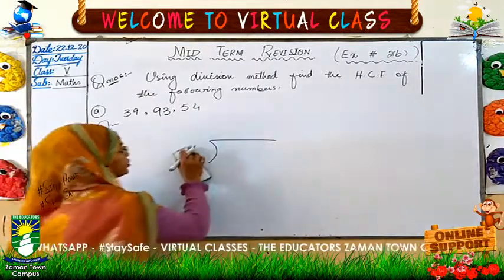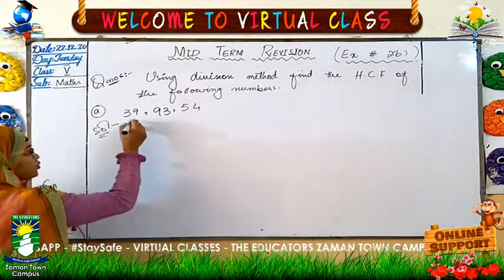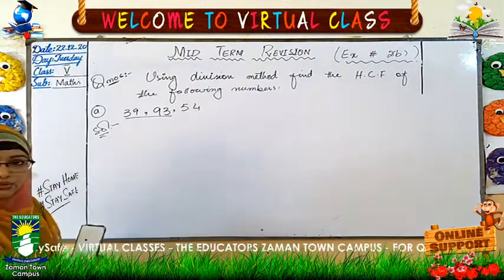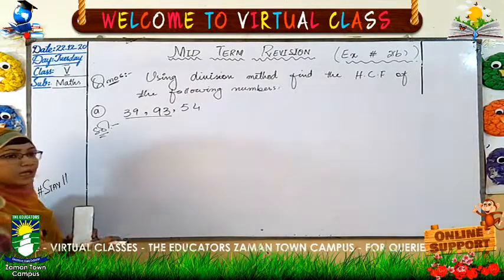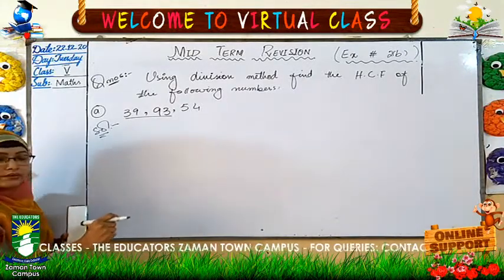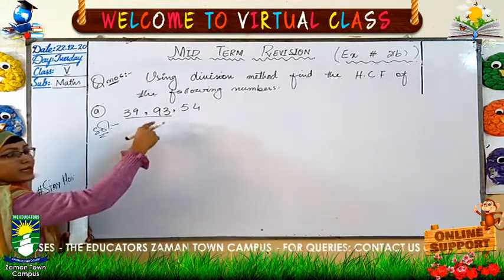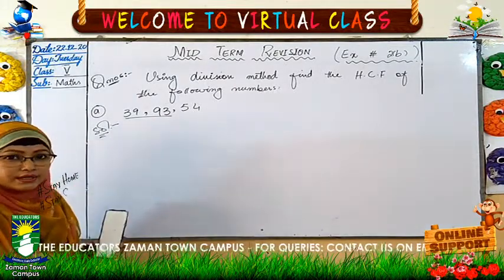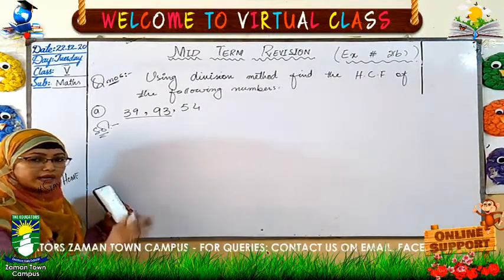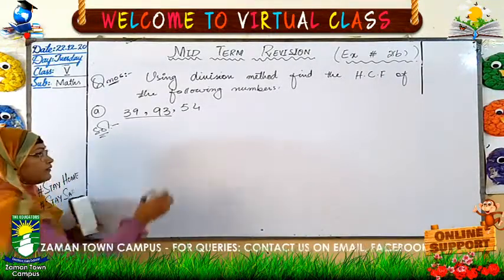So here we will take the first 2 numbers, and we have to take the smaller number as a divisor and the greater number as a dividend.